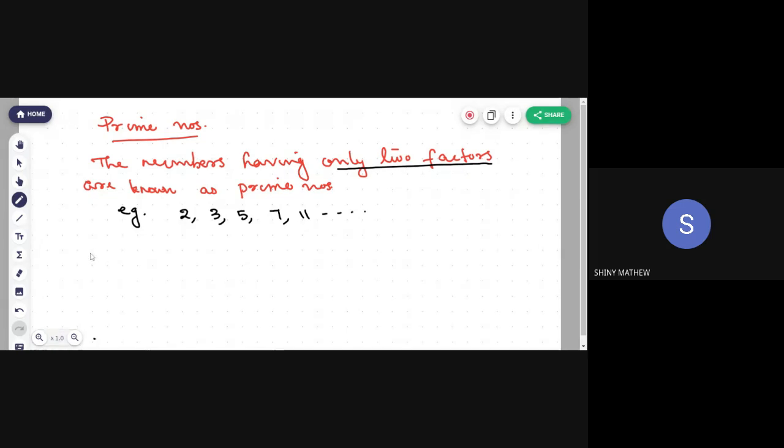What do we call the remaining numbers? Composite numbers. So you give the next heading, composite numbers. Below you write composite numbers.